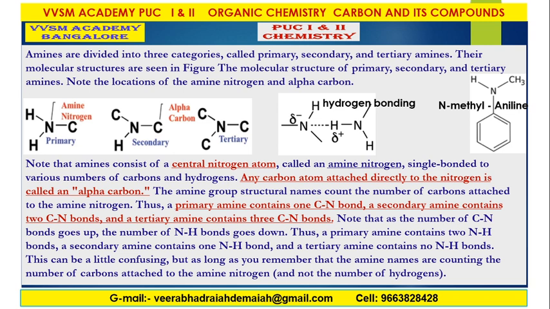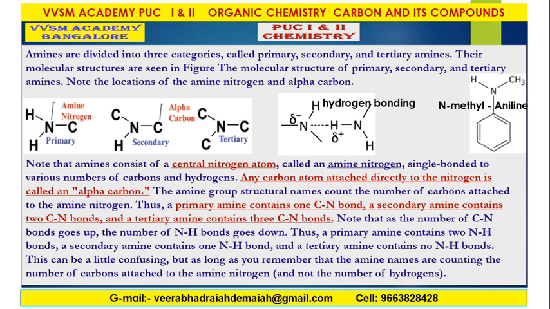The amine group structural names count the number of carbons attached to the amine nitrogen. A primary amine contains only one CN bond, that is, a carbon-nitrogen bond. A secondary amine contains two CN bonds, and a tertiary amine contains three CN bonds.